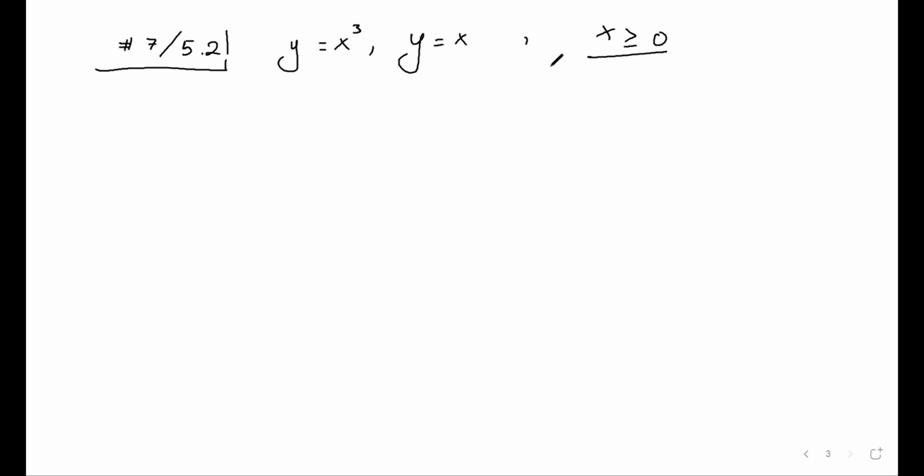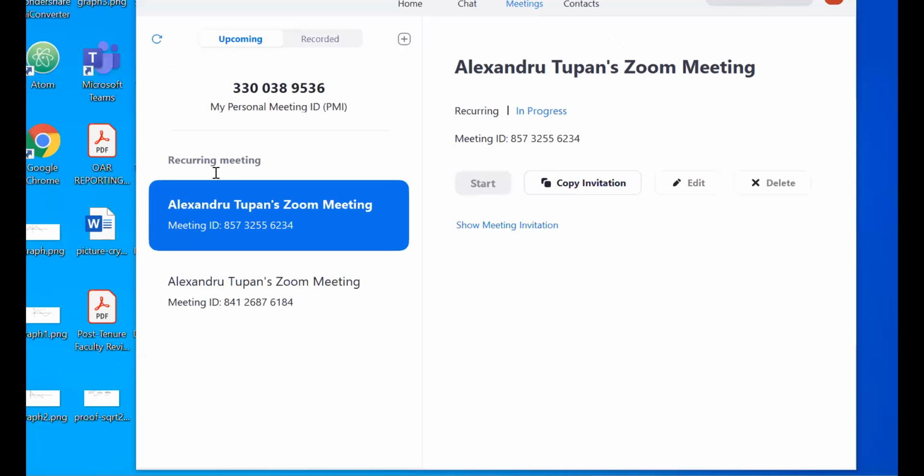All right, so now comes the place where Desmos is really useful. I'm going to pull up Desmos and share it with you. All right, so there we go.